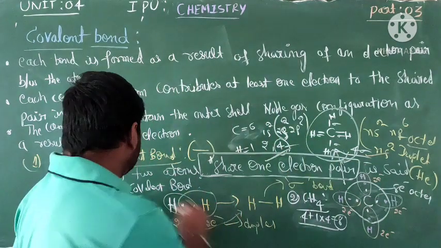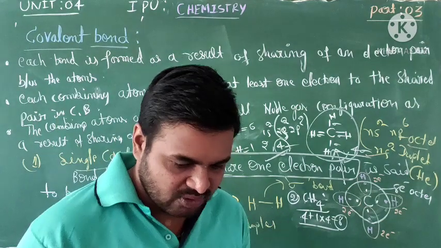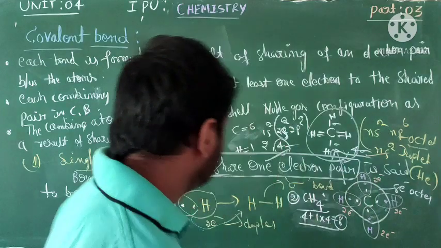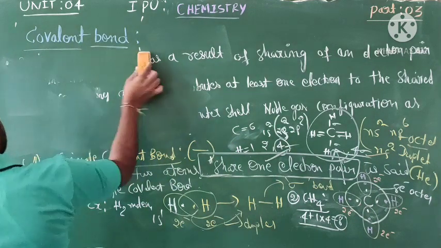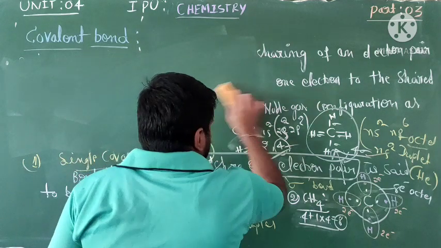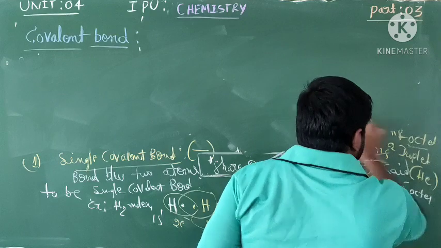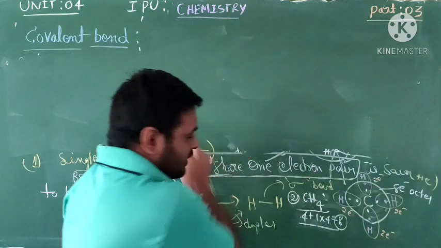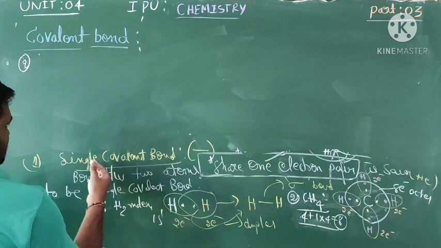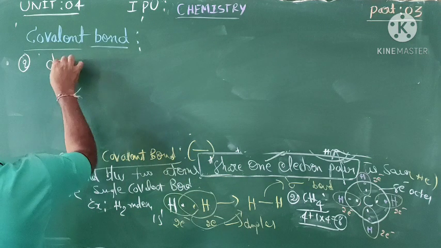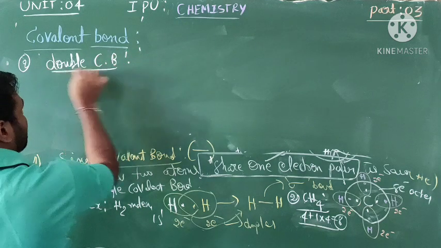Okay, let's go for a double covalent bond, or multiple covalent bonds. So see here, next to the single covalent bond is the double covalent bond.